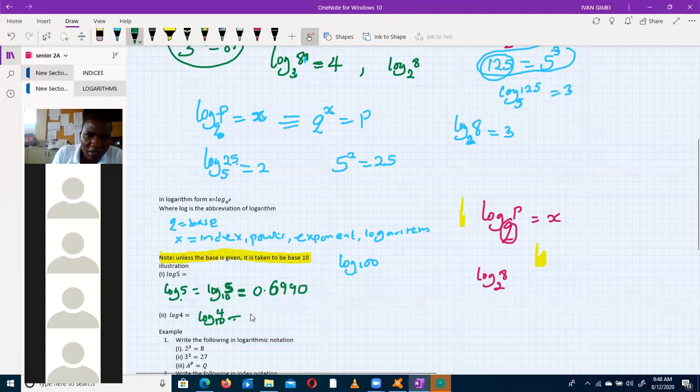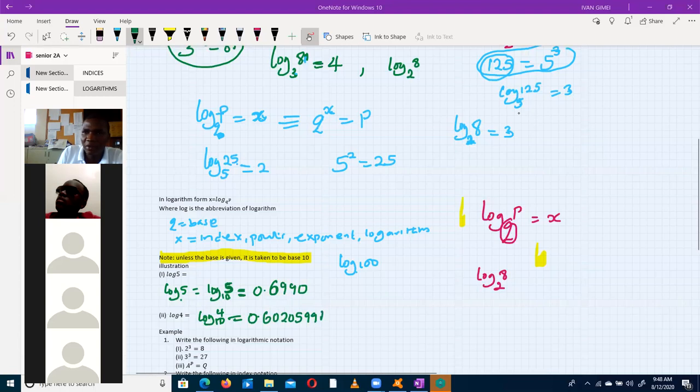What about log of 4? 0.602. 0.60205991. 0.6021. So something like that.